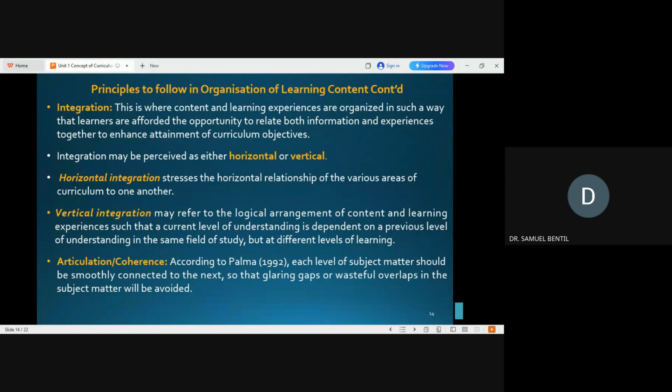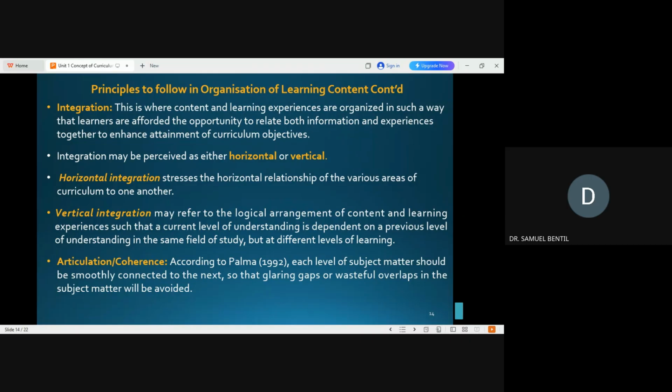So for example, if I pick a concept in physics, like force, tensional force, compressional force, and I use that to explain the formation of a landform associated with faulting, like a Rift Valley, which is a geographic landform, then what we are doing is what we call horizontal integration. So from physics to explain a certain concept in geography, we call it horizontal integration.